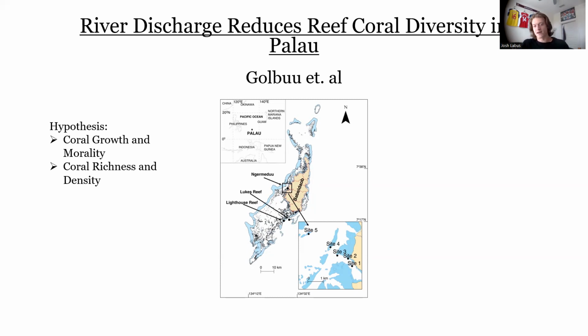And so they set out to test this and see whether or not their hypothesis was correct. Just to go over where Palau is so that everyone knows, it's a small island just outside the Philippines, so obviously west of the United States in the Pacific Ocean.